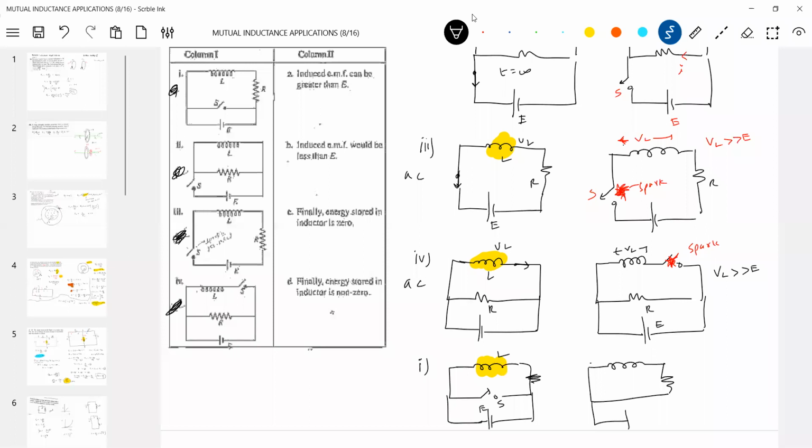It will discharge, this cell will be shorted and the current will flow like this here only. So VL will be less than E, and finally the energy across the inductor will become 0. For the first one, induced EMF would be less than E and final energy stored in inductor is 0. All the energy will be taken by the resistor R.